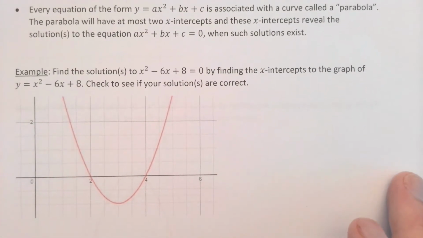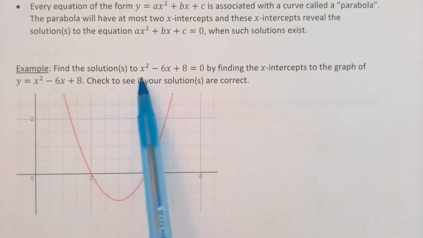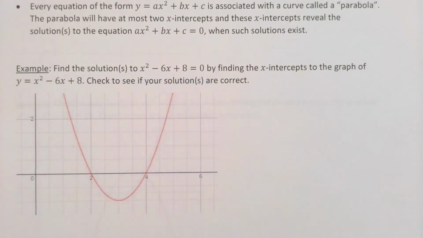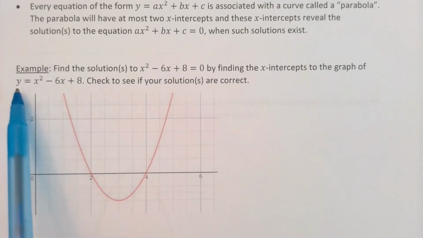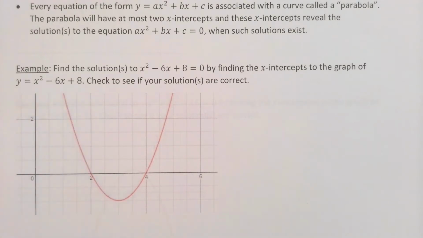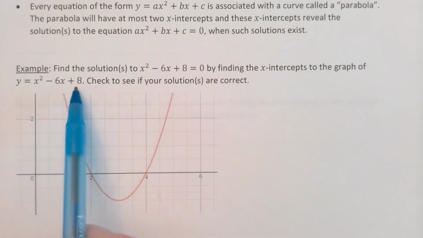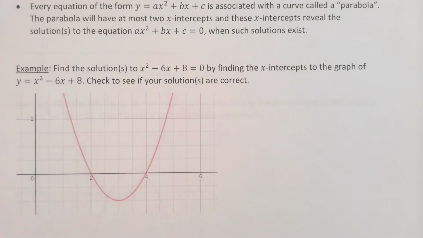Here we have a quadratic equation in standard form. See, it's equal to 0. We're going to try to solve this by graphing this parabola. All you literally have to do is go to Desmos and type this in, or to your graphing calculator.